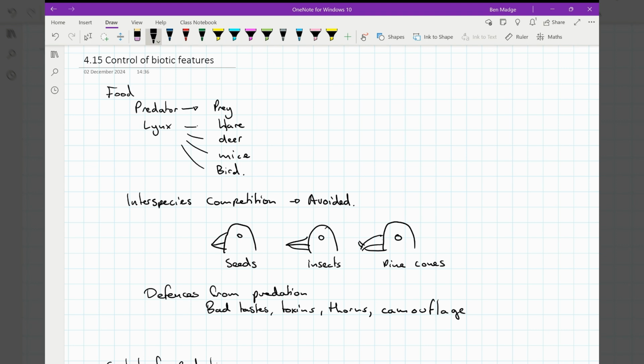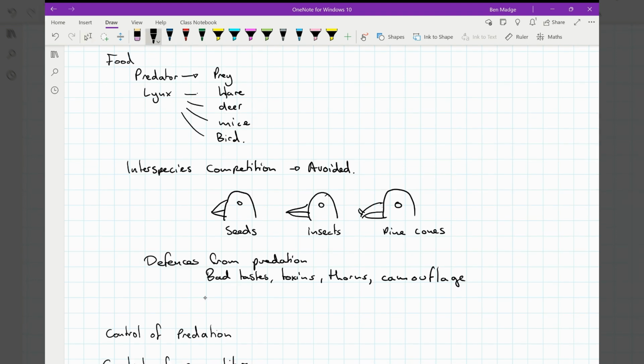So some examples of things like poison dart frogs, or in the UK you have cinnabar moths.